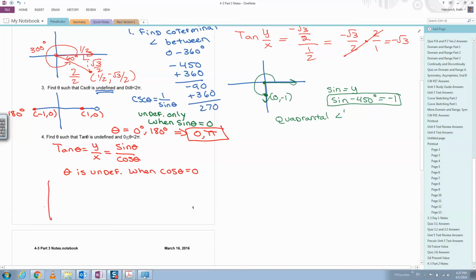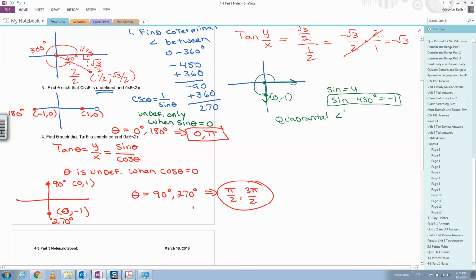Well, if you look at the unit circle, the cosine, which is x, is 0 at 90 degrees, because this would be 0, 1, or 270 degrees, because it'd be 0 and negative 1. So theta is equal to 90 degrees or 270 degrees, and when we change those to radians, it becomes pi over 2 and 3 pi over 2 as our answers.